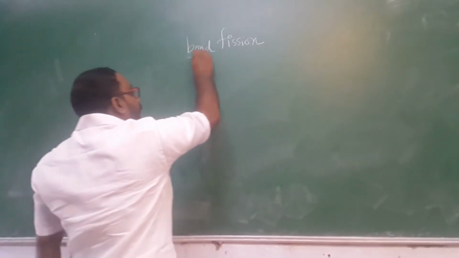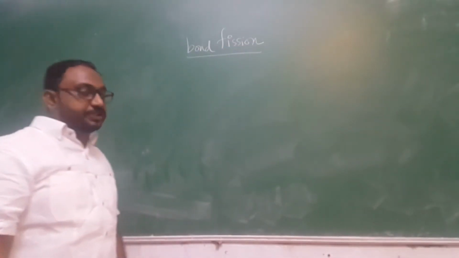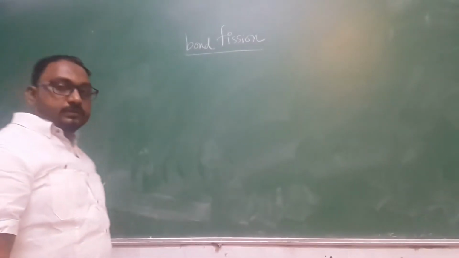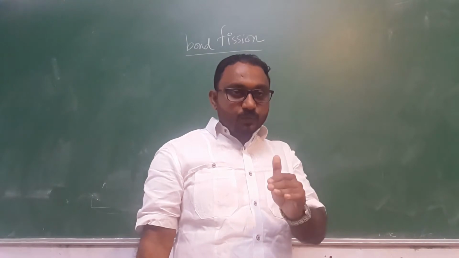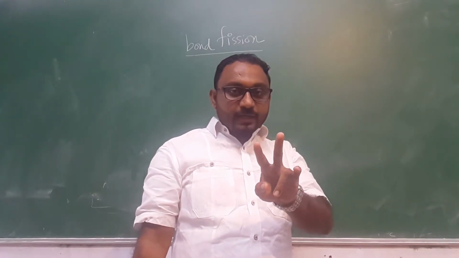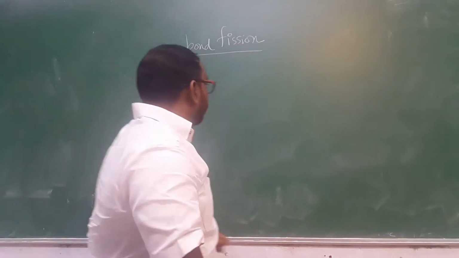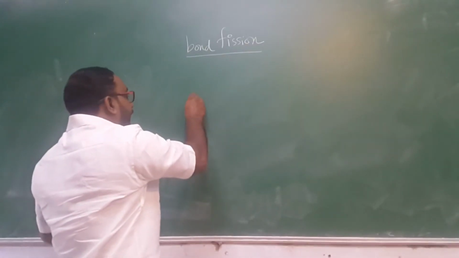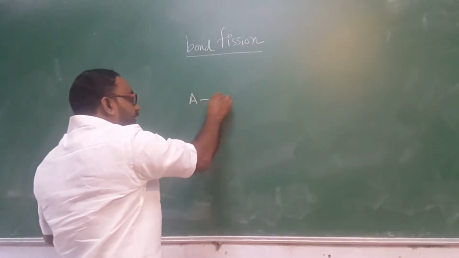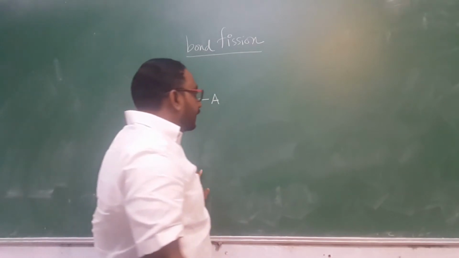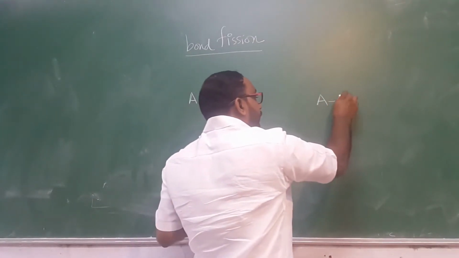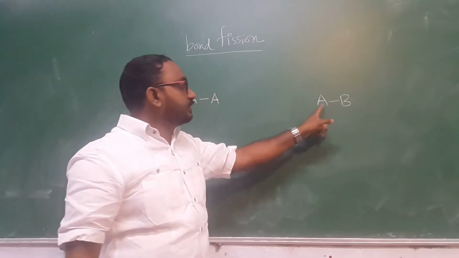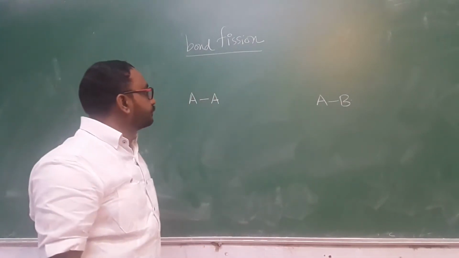Now, what do we mean by bond fission? Suppose you take a molecule formed between two atoms having identical electronegativity, for example A combined with another A. Another example is A combined with B, with different electronegativity.